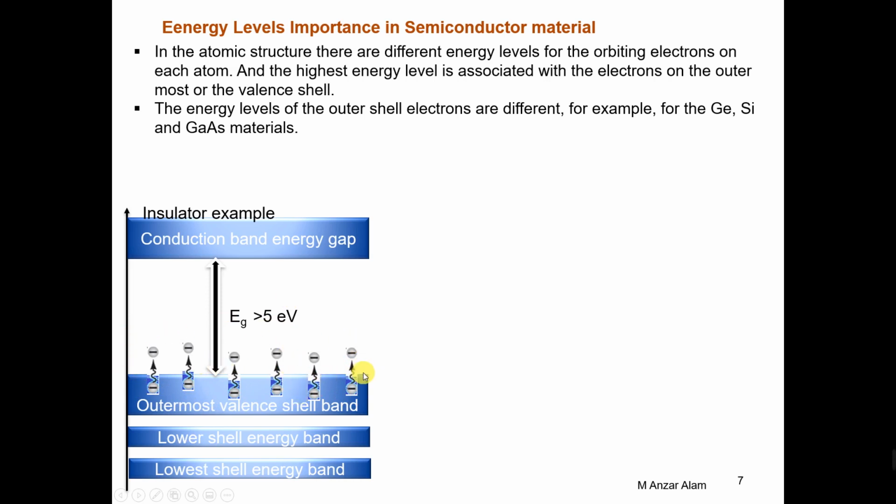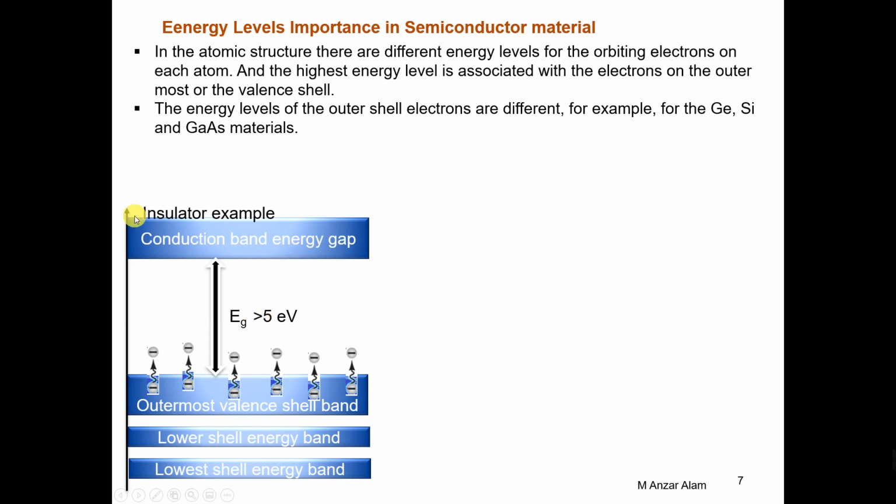So under normal conditions, none of the electrons can jump from here to here. It means the insulator's conduction band has no free electrons. If it has no free electrons, it's not a conductor. It cannot conduct current.